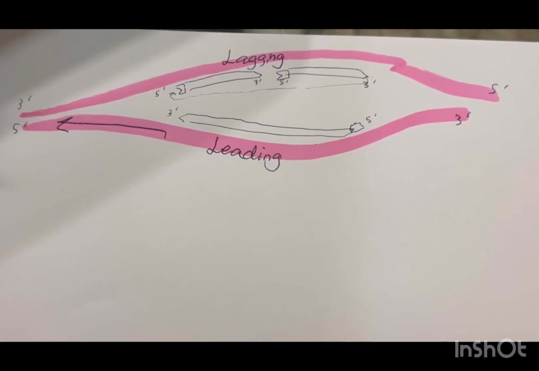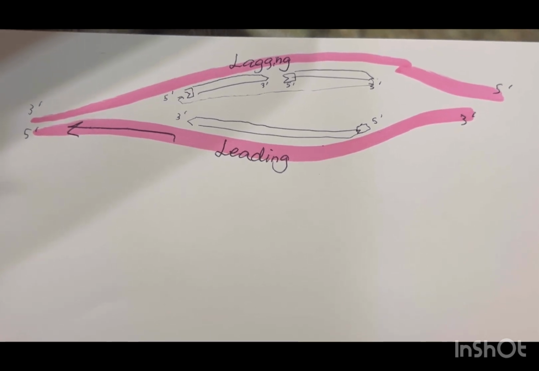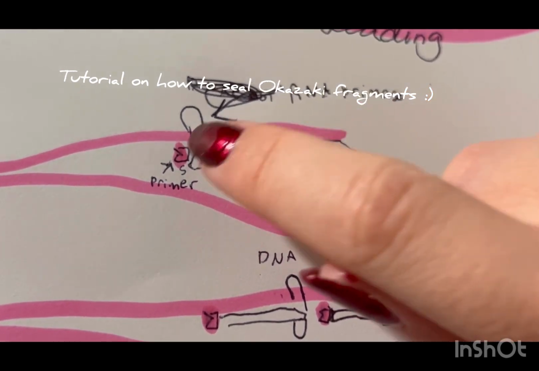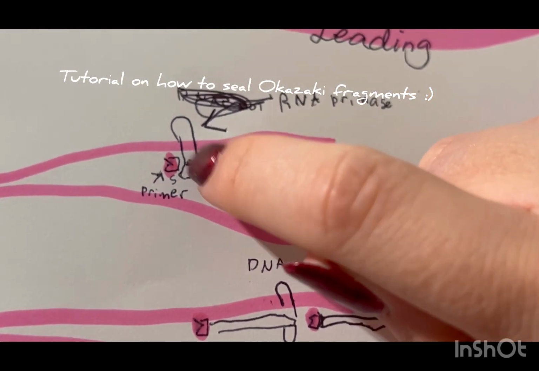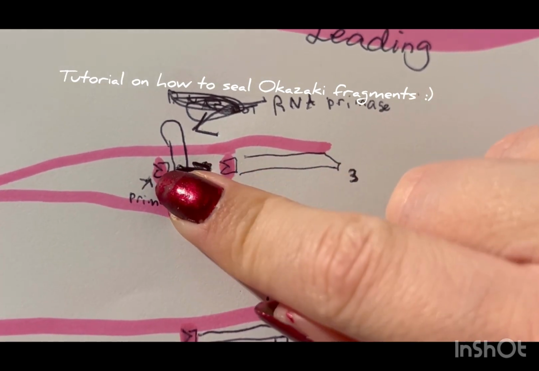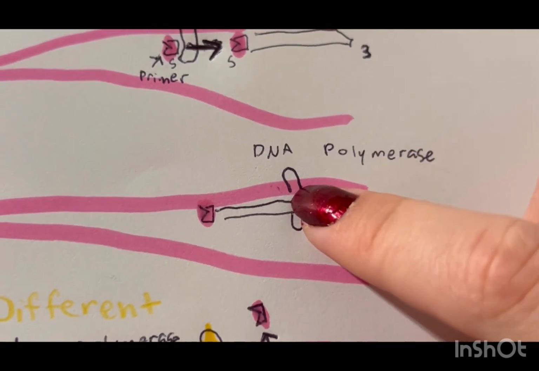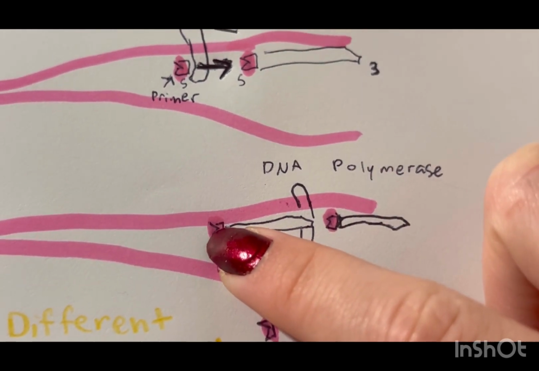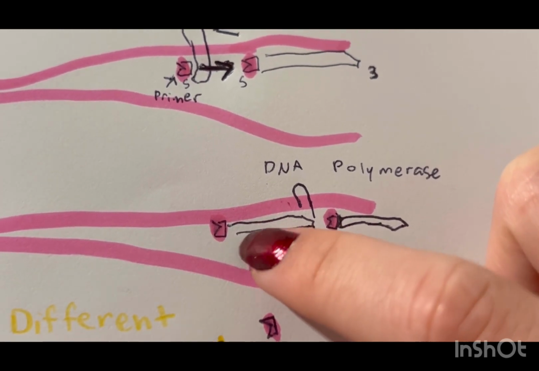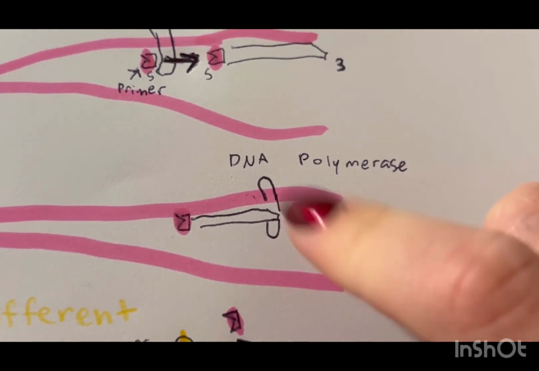So here's what it looks like in terms of my replication model. In this first step, we have this RNA primase enzyme, and it's laying down a primer. And then in the second step, we have a DNA polymerase, and it's extending this primer by adding successive nucleotides one at a time until it reaches here.